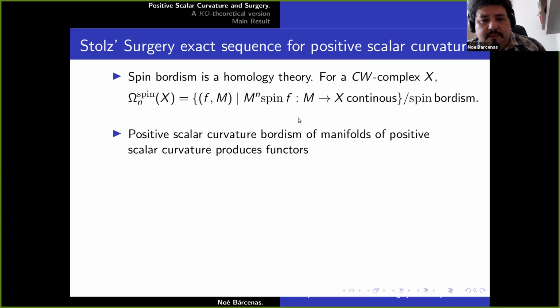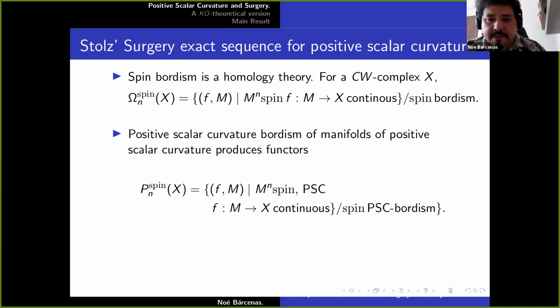So now what we want to do is to consider the part of Bordism which is of positive scalar curvature. The warning is that this is not going to be a homology theory, but you can still consider this.